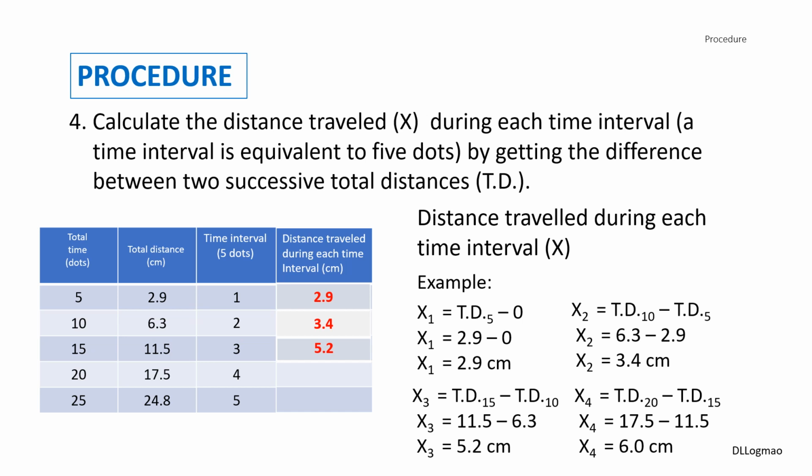When computed, the distance traveled during the fourth time interval is 6.0 centimeters. Record in the table. Continue finding the difference between the successive total distances to complete the 11 distances traveled during each time interval.